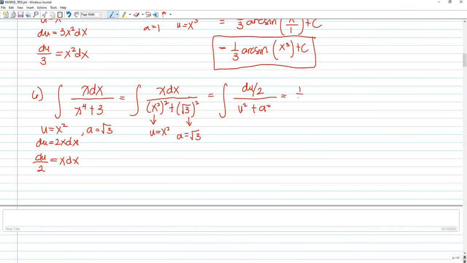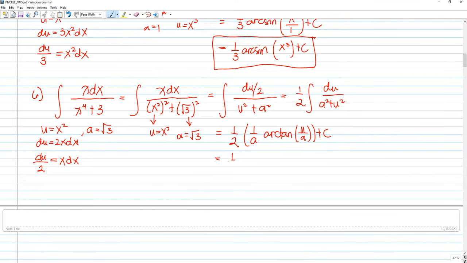So I can factor out 1/2 outside of the integral sign. So that this would be like this. U squared plus a squared, or a squared plus u squared, doesn't matter. So this would yield an arctan, we know. So we have 1/2 multiplied by quantity 1 over a, arctan of u all over a, okay, plus c.